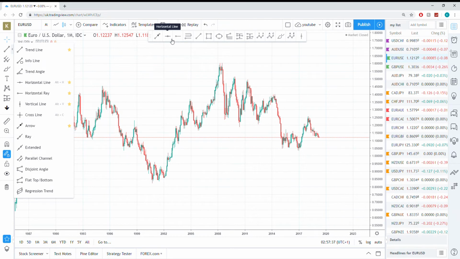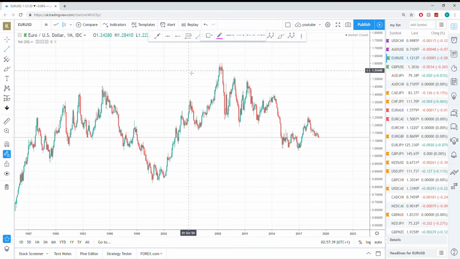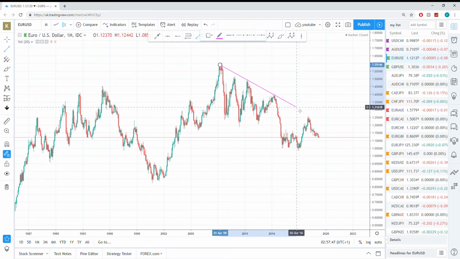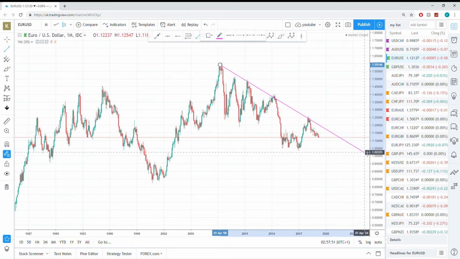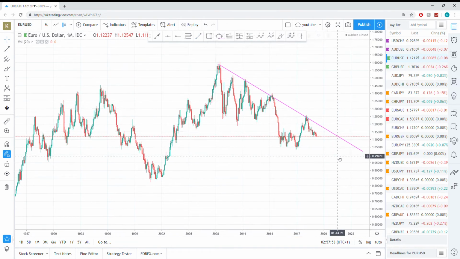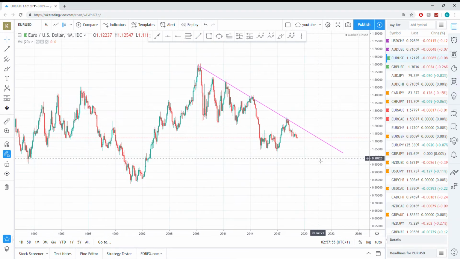Okay, so the first thing that I would do is just to draw some trend lines, etc. So I'm just gonna fill that here, something like this. A good tip is to have some colors written down on a piece of paper and stick to it.